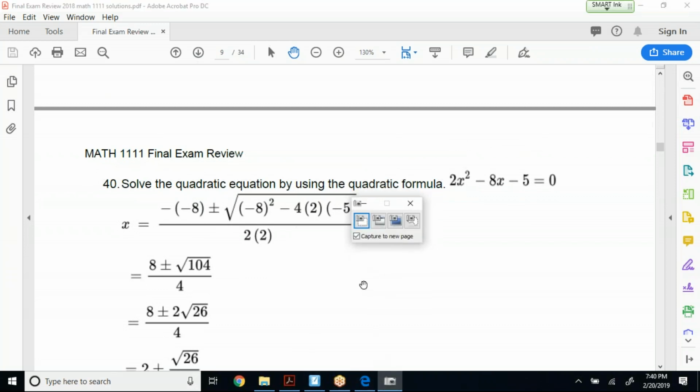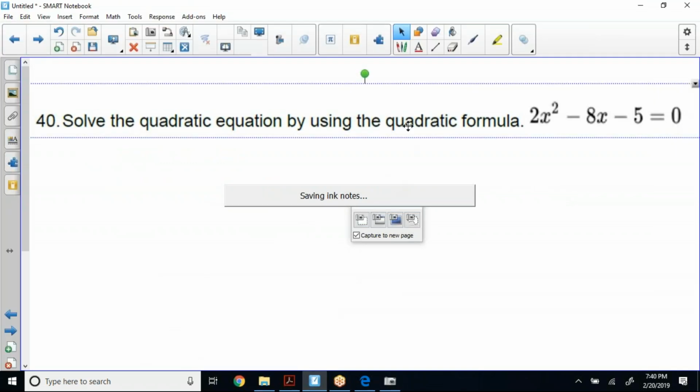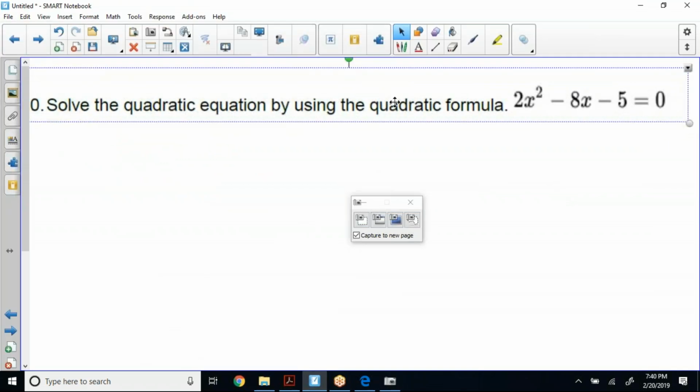So solve this by the quadratic formula, right? So let me make sure I'm grabbing right there. All right. So they told you what to solve it by. What you want to use? I don't know.